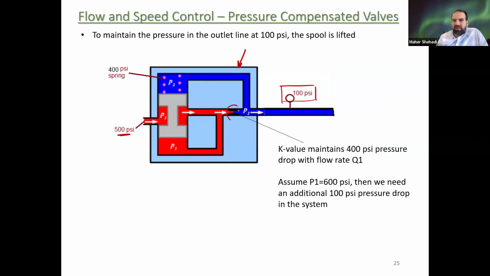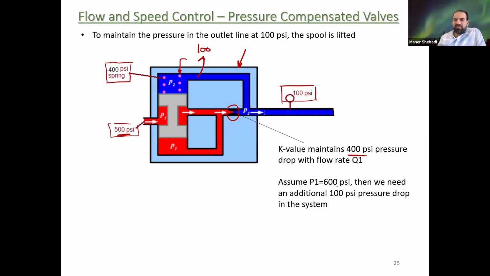So first, this one is providing 400 PSI to give me the 100. So I'm going to buy one that provides that much. And also the spring would provide me with 400 PSI because it's balanced now. So I have 500. The pressure by the fluid, the blue one, is 100. So therefore, the spring is 400.